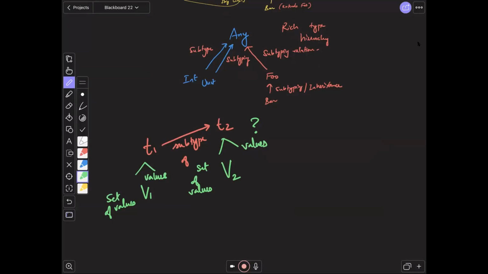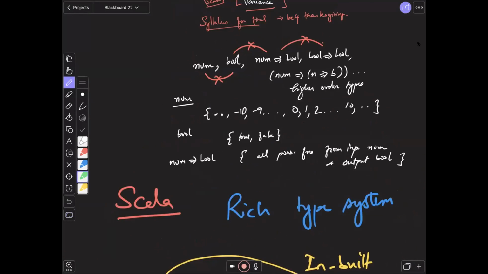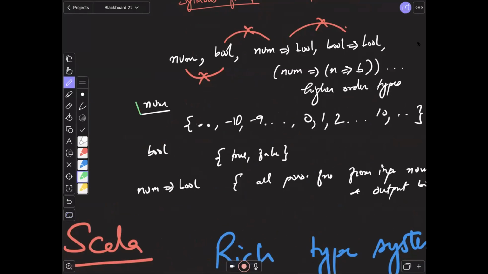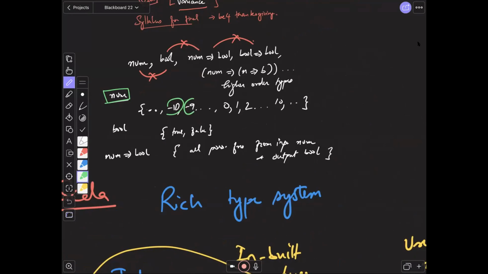Remember, you can associate types with values. For example, the type num in Lettuce is associated with all these values: -10, -9, 0, 1, 2, 10, all the numbers. Likewise, the type bool is associated with all these values.